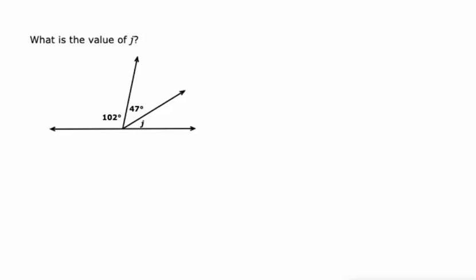Now we have three angles. However, they form a straight line. So if together they make a straight line, that means they equal 180 degrees. Some might call them a linear, well, it couldn't be a linear pair because there's three of them, but a linear set, I guess.